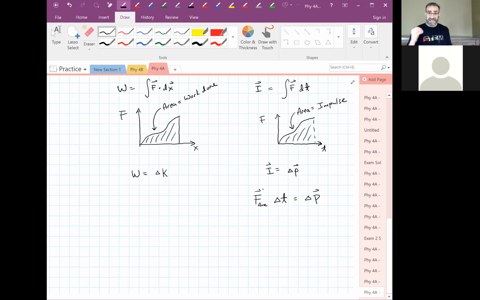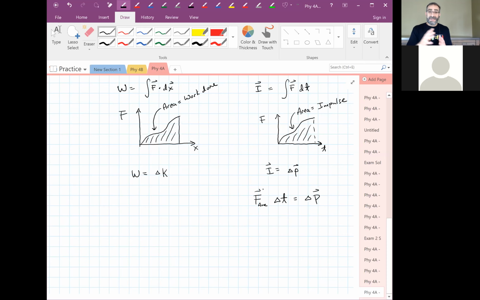We know it's going to take some force to change your momentum from maximum value driving down the freeway to zero. If that force acts over a very small time interval, it has to be a huge force. Not good for you.